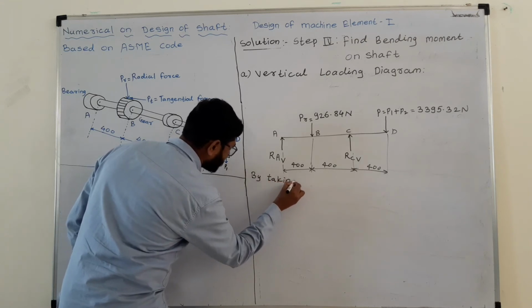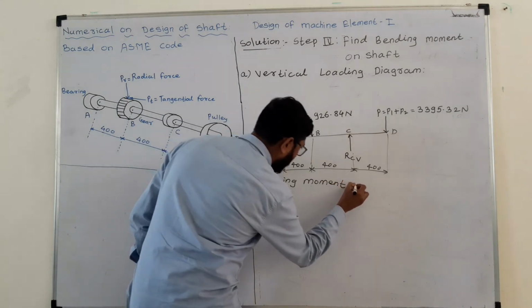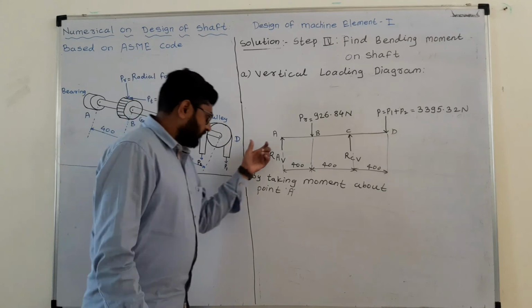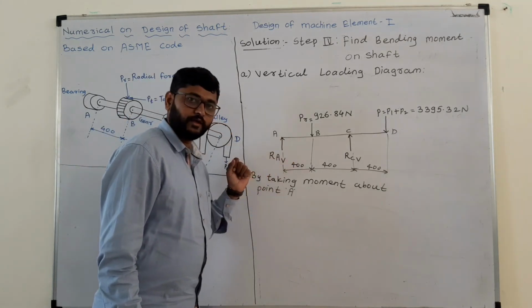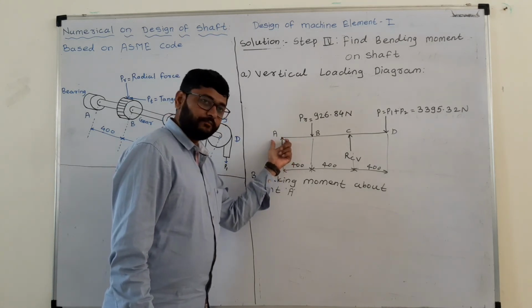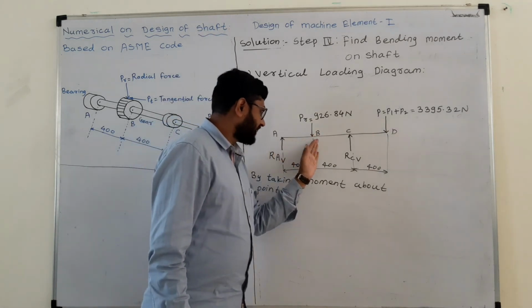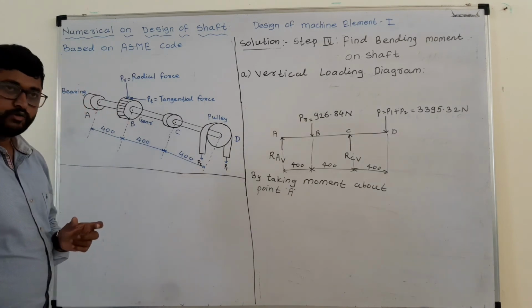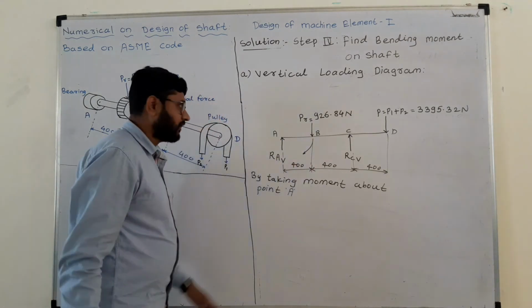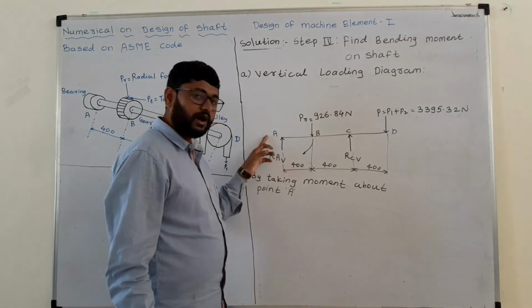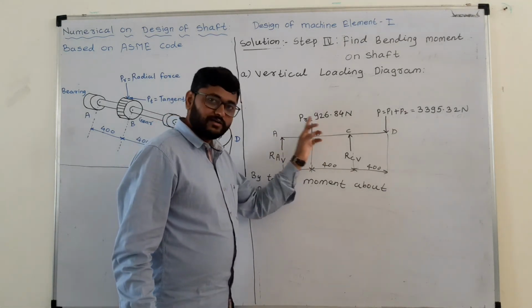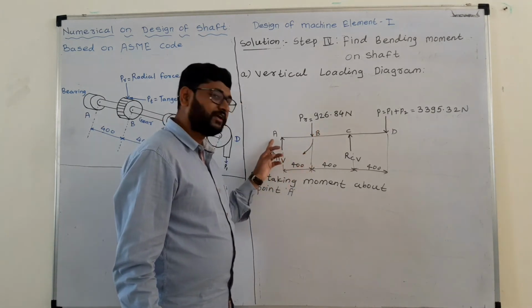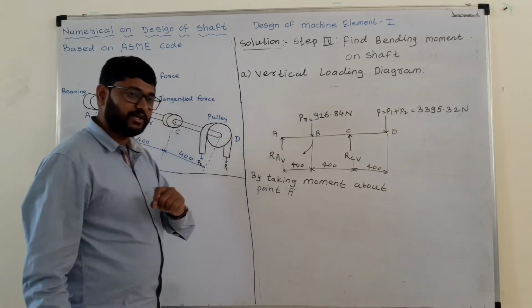So first, by taking moment about point A. When we consider moment about point A, the forces here are acting at points B, C and D. Please remember that this force PR is acting clockwise about point A. Here you have to consider the sign convention for this force as positive, because if the force PR is acting clockwise towards point A, in that case we consider the sign convention as positive.